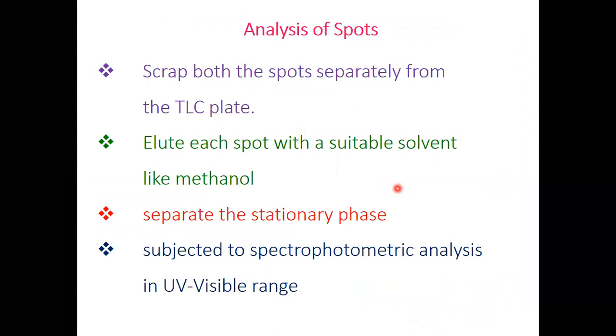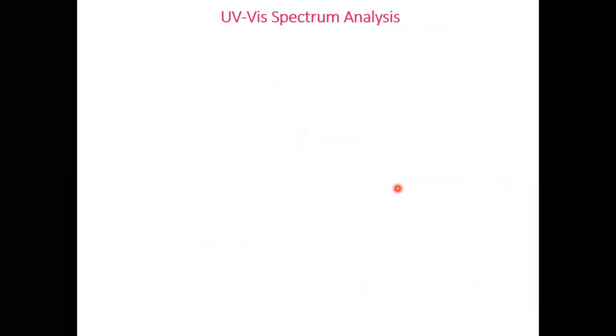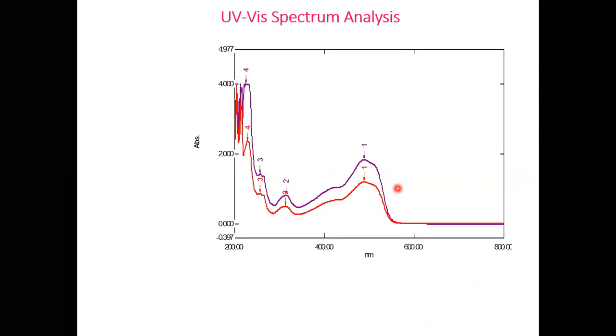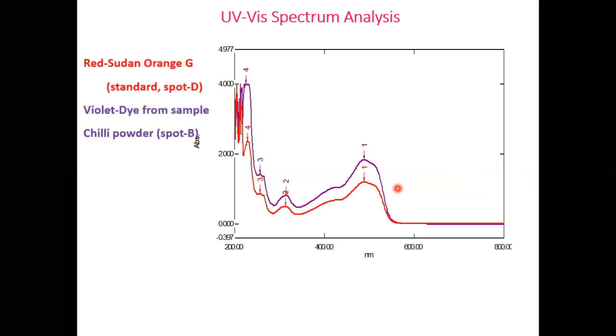How can we analyze these spots? Scrape both the spots separately from the TLC plate. Dilute each spot with a suitable solvent like methanol if we want to analyze by spectrophotometry. If we subject these samples to UV-visible spectrophotometry, these are the two spectra obtained.